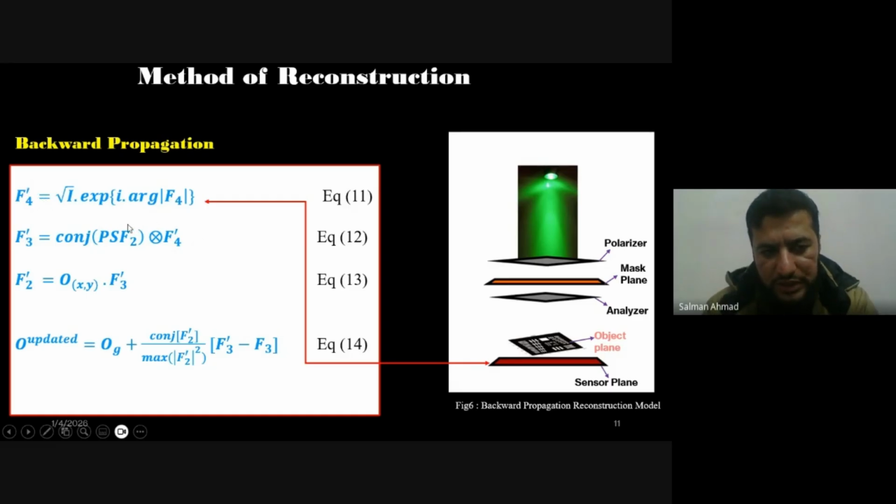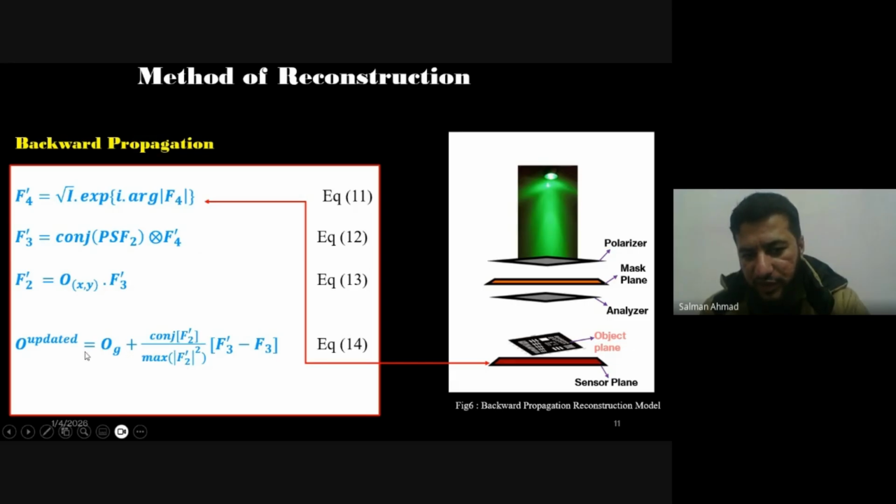So this convolution gives us F3 prime, and then multiplying this F3 prime with the object, we get F2 prime. Clear?